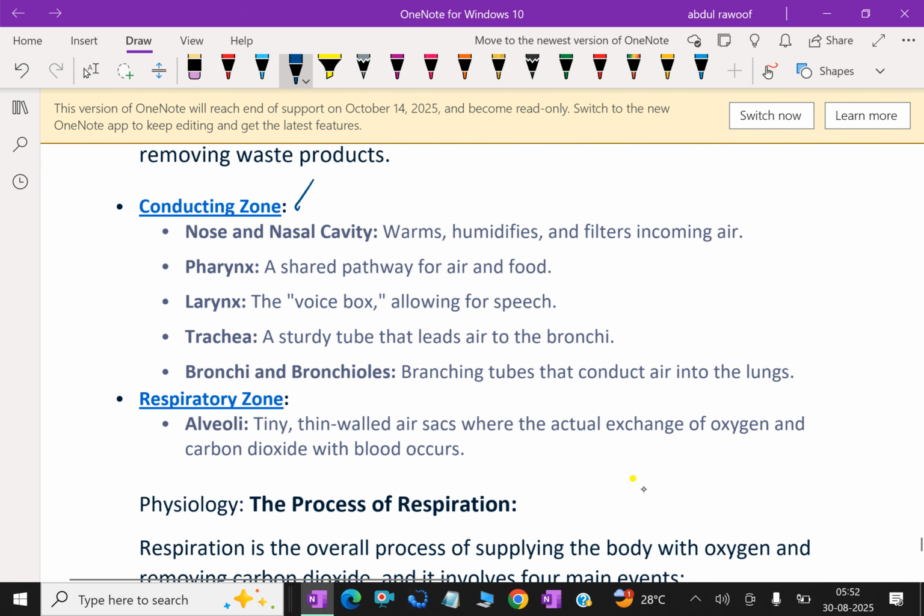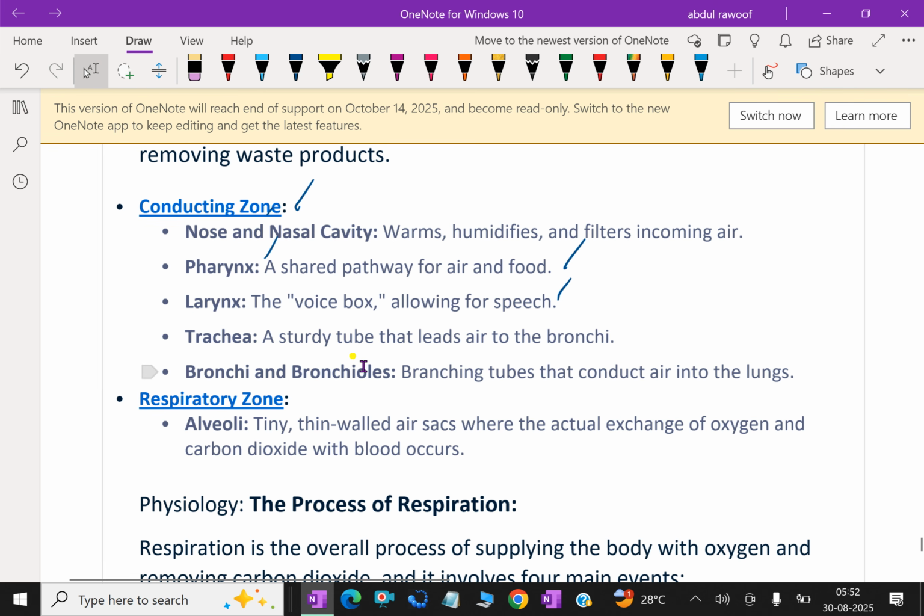Conducting zone. Nose and nasal cavity: this is a conducting zone part. It warms, humidifies, and filters incoming air. Pharynx, a shared pathway for air and food. Larynx, the voice box, allowing for speech.